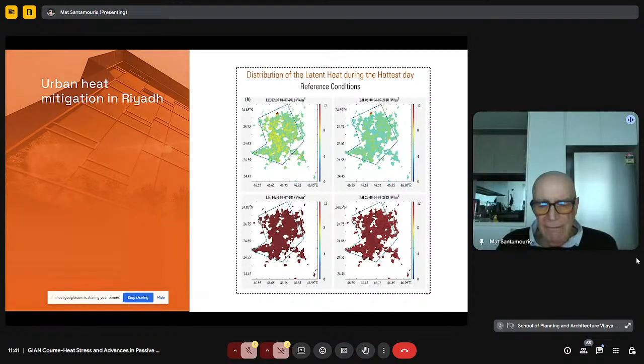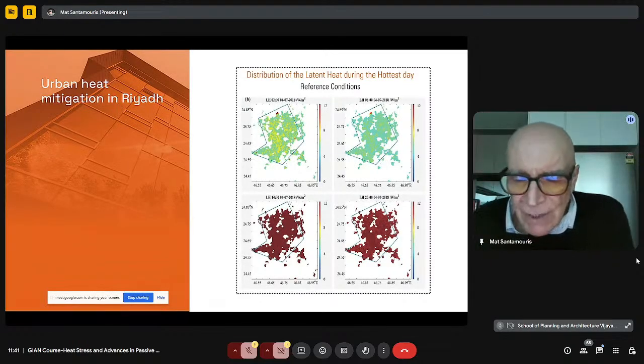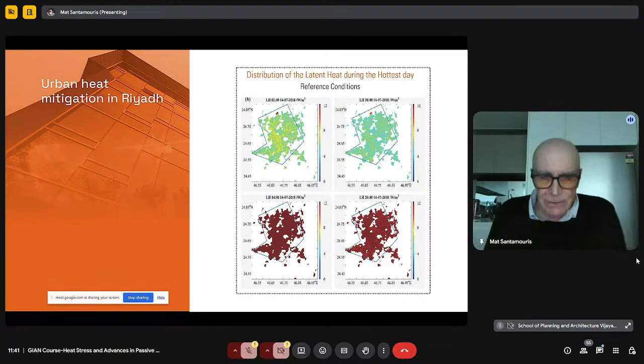And at the end, we have to try a mitigation strategy which decreases the gains, decreases the sensible heat, and increases the losses, increases the latent heat. So by having all this information in detail, we can design our mitigation strategy.